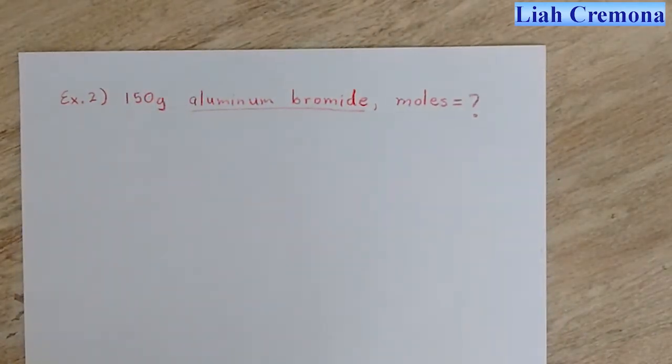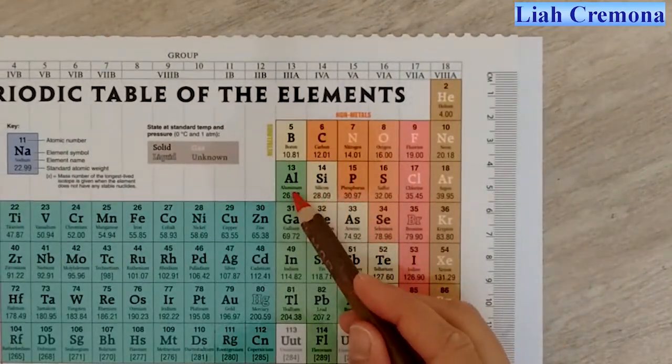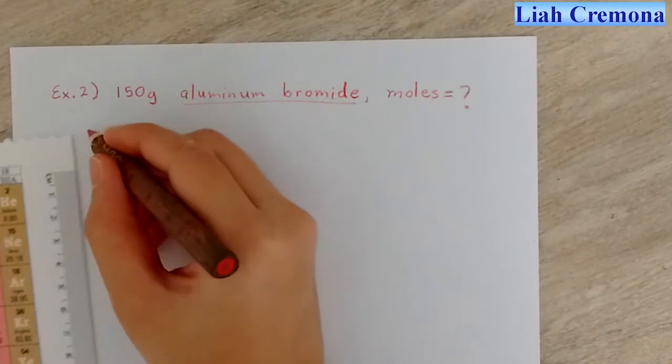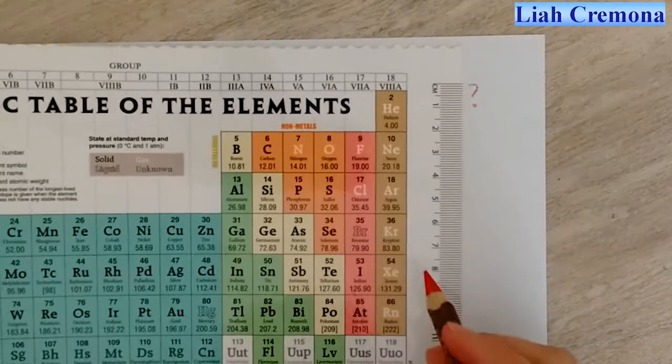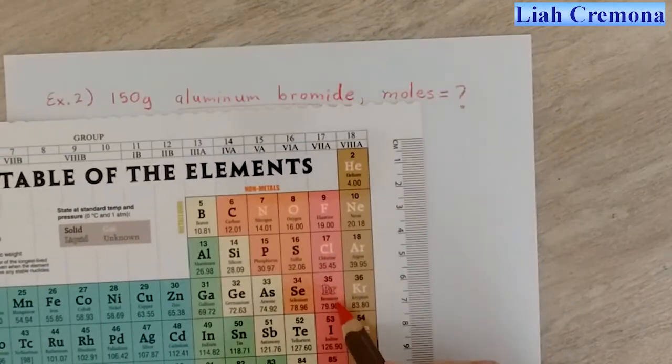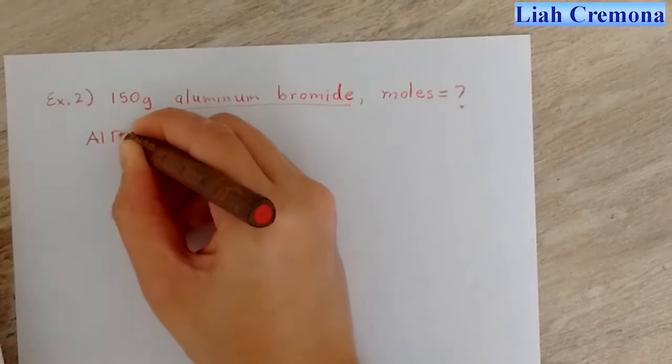Looking at the periodic table, once more, aluminum is represented by Al, and bromide is here, represented by Br.